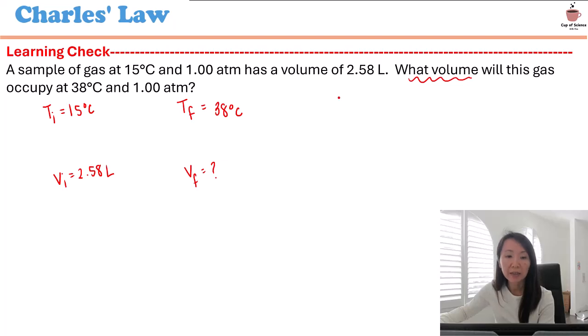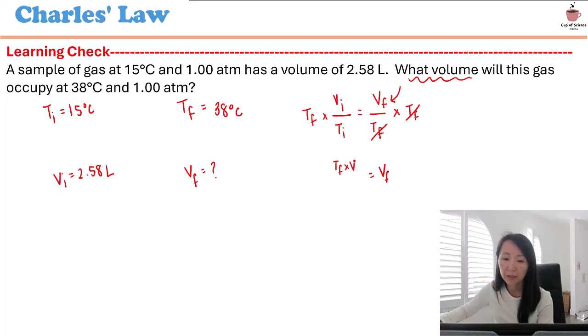Charles law says that VI over TI is equal to V final over T final. So I want V final to be by itself and everything on the other side. So I'm going to multiply T final on both sides. And T final then cancels out. So I have V final is equal to T final times V initial all over T initial.